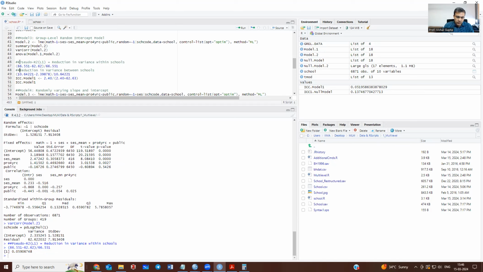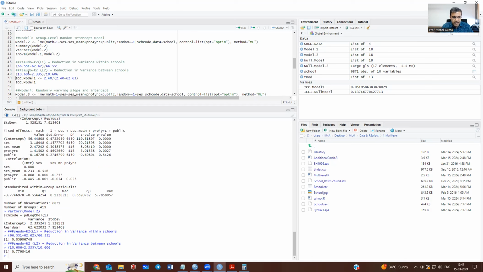And pseudo r square at L2 is 10.606 minus, what is it now, 2.335, whole divided by 10.606.